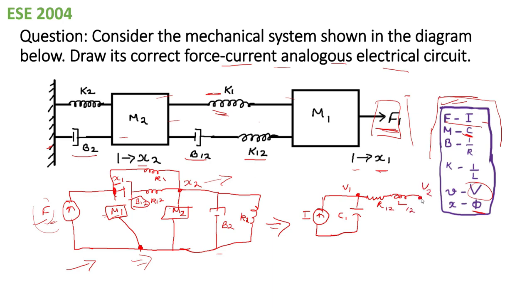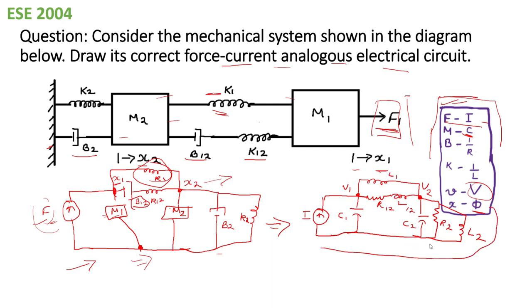Then x2 is your V2. Mass is again your capacitor. So this is your C2. And then B2 becomes a resistor, therefore R2, and then again you have this K2, which is an inductor, and then this K1. So this K1 here becomes inductor L1. So this is your required force current analogy diagram.